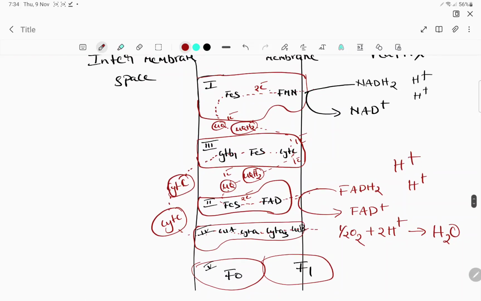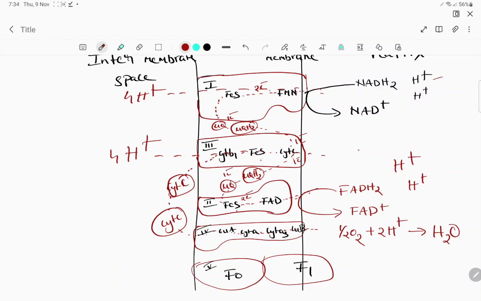So now, how is the ATP produced? Here, if you see, 2 protons, and when electrons are taken to the iron sulfur complex, 2 more protons will come into the intermembrane space. Totally you will be getting 4 protons. And from complex 3 also you will be getting 4 protons, because we have 2 iron sulfur complexes here.